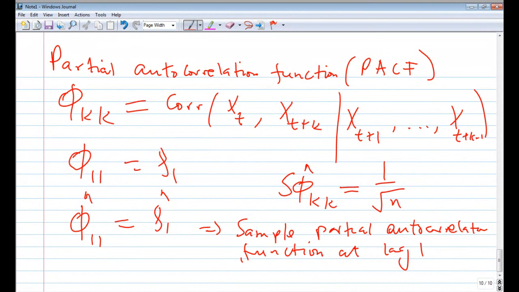If the question says calculate the standard error of a sample partial autocorrelation function at lag k, it is 1 over the square root of n. And the standard error of the sample partial autocorrelation function at lag 1, in other words S phi 11, is equal to 1 over the square root of n. Still the same thing. Are we together?